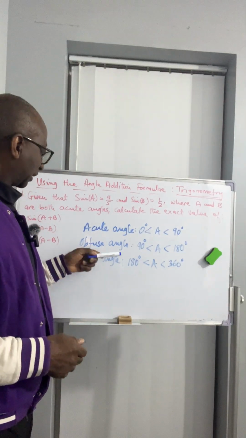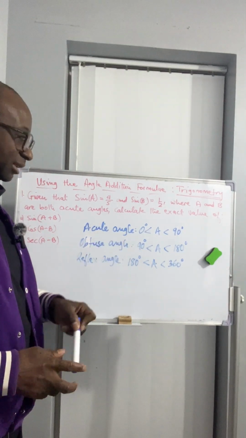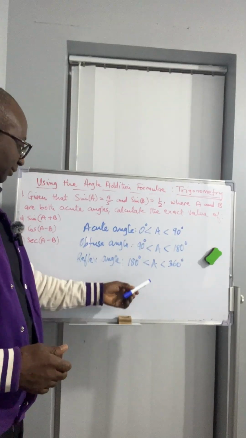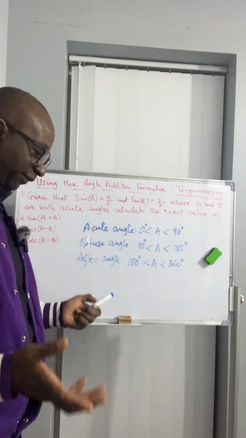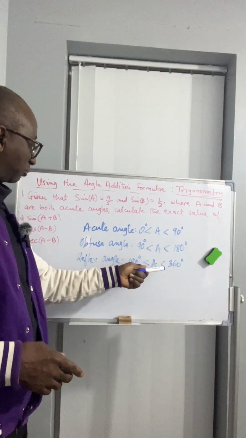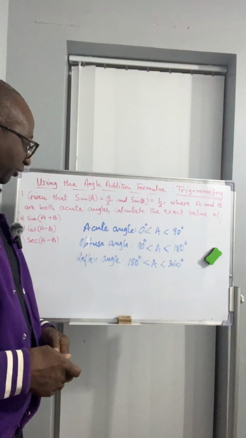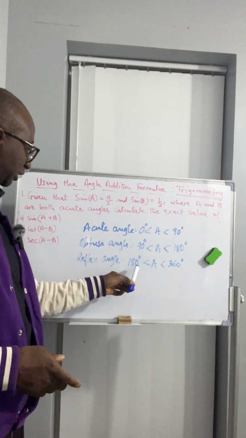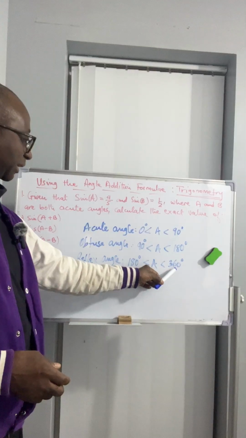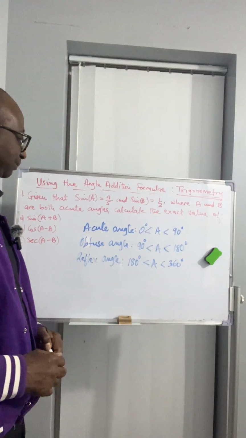Obtuse, greater than 90 degrees, but less than 180 degrees. Reflex, greater than 180 degrees, but less than 360 degrees.